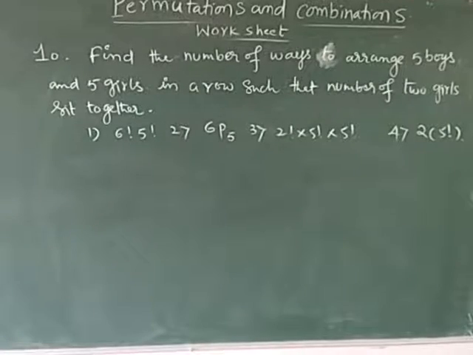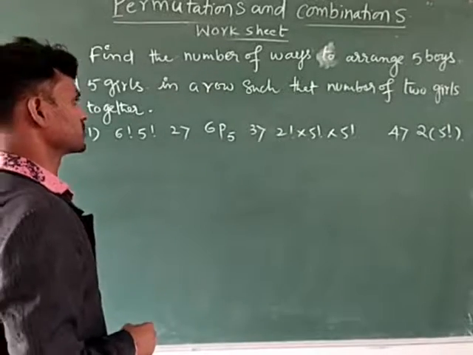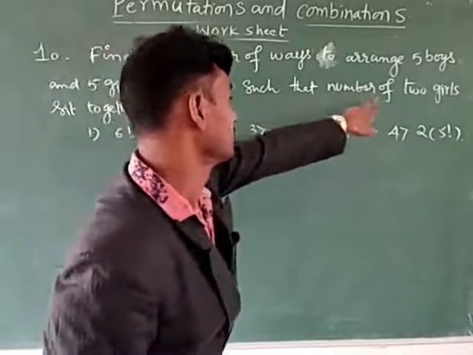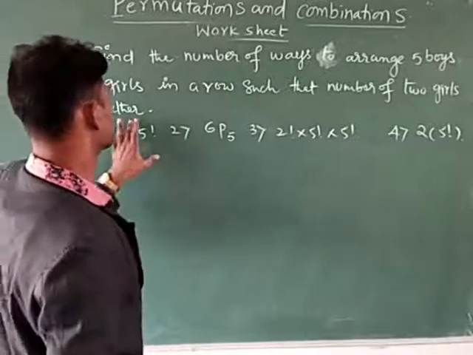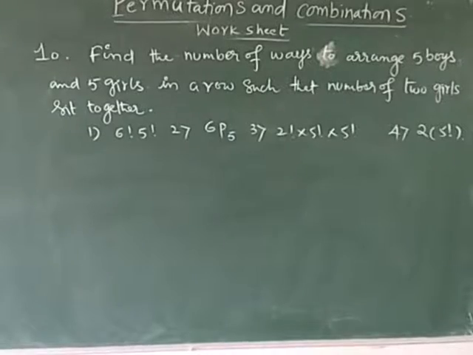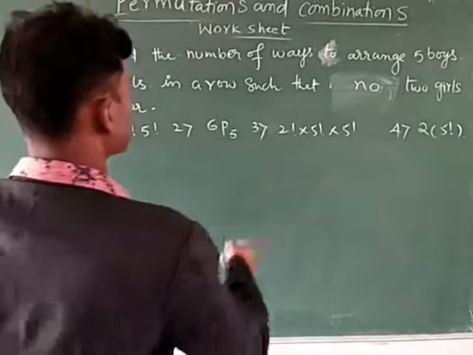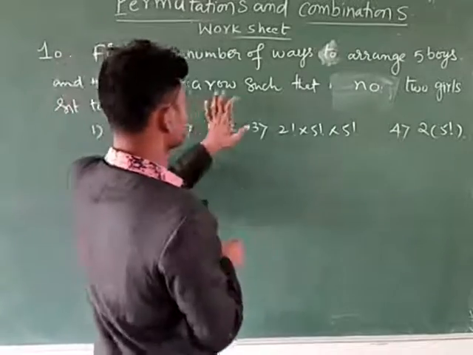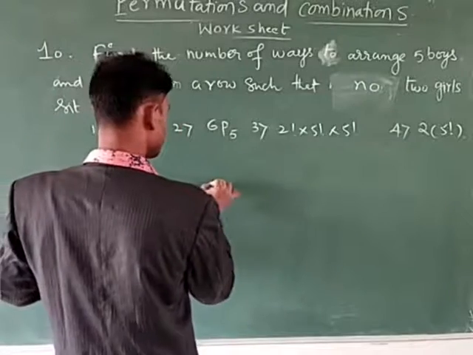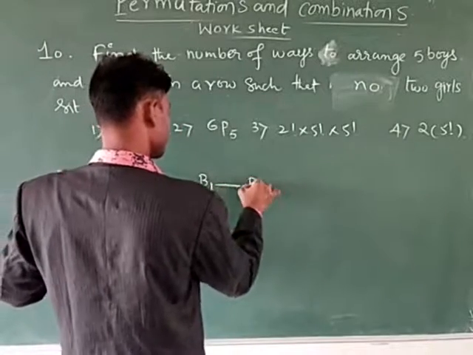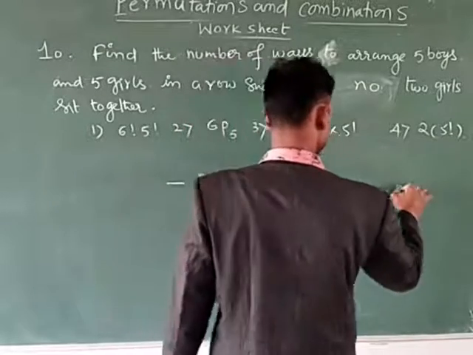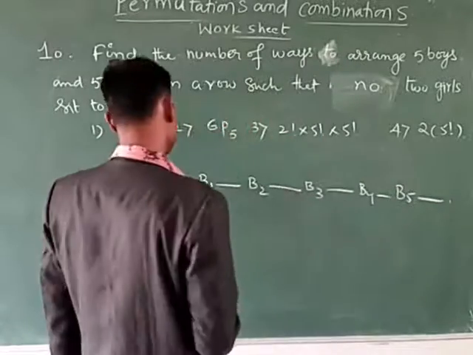Next problem, find the number of ways to arrange 5 boys and 5 girls in a row such that no 2 girls sit together. Wait 1 minute. Means here 1 boy, here another boy, here one more boy, here next is a girl.